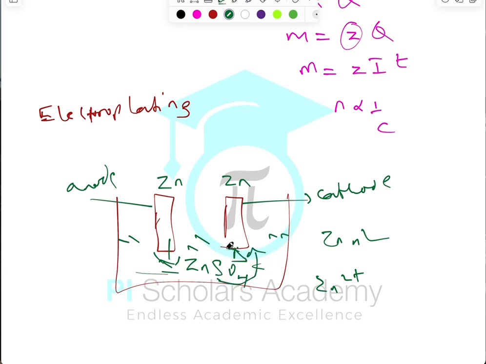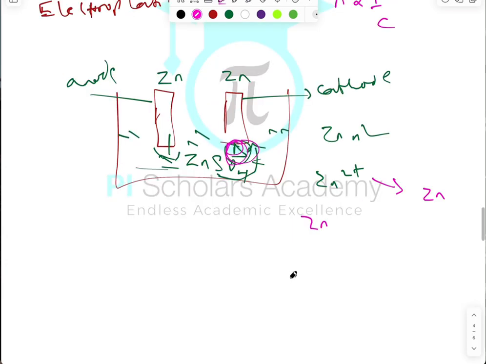When it migrates to the cathode, the substance that is to be electroplated is now going to be coated, because from Zn2+ you now have zinc. So this zinc is going to be used to coat the surface of the substance that is already at the cathode. And that is basically what electroplating is all about. So follow the process.